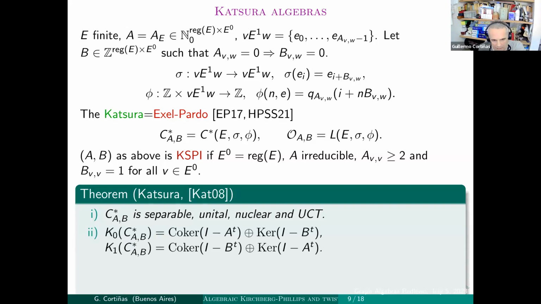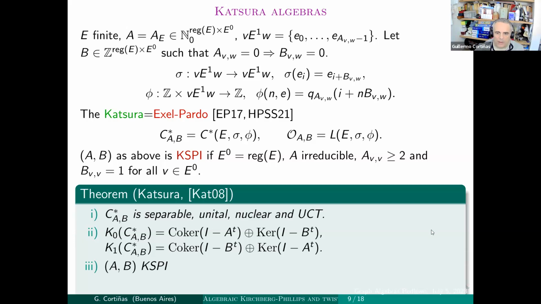Now, he computed K0 and K1 for any A and B. Notice, by the way, that if B is the zero matrix, then O_{A,B} is the same as the C*-algebra of the graph E, and similarly the algebraic version is the Leavitt path algebra of the same graph. Then you recover the known K0 and K1 of the C*-algebra of the graph, right? And then you have these two other terms.